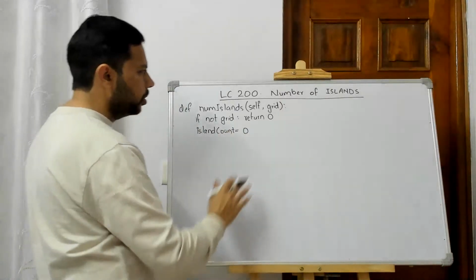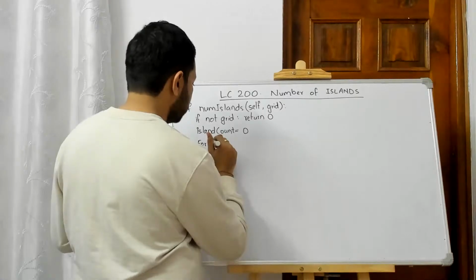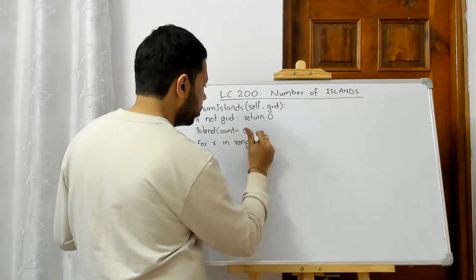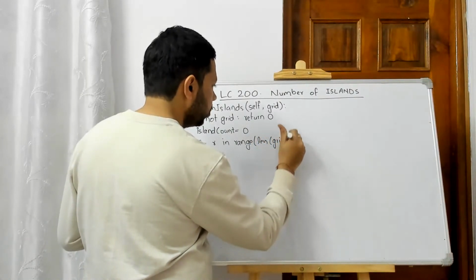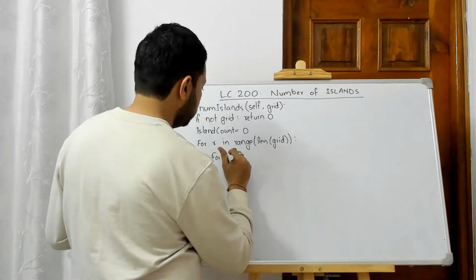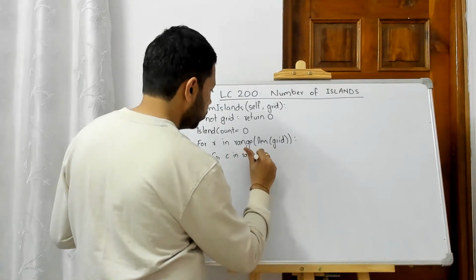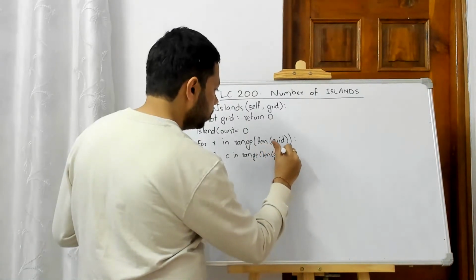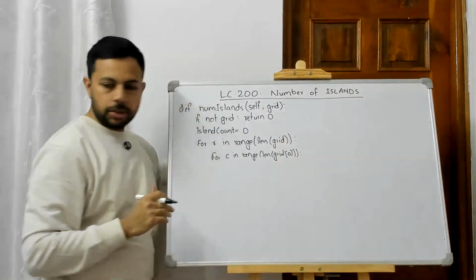Then I can do a for loop over this grid: for row in range of length of grid, for column in range of length of grid[0]. Get the row and column.